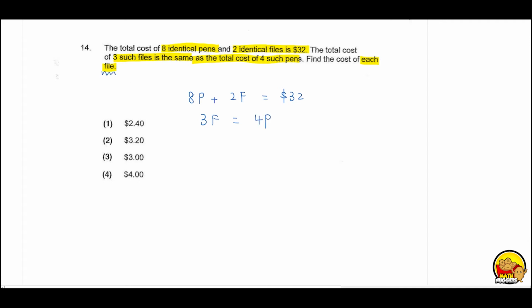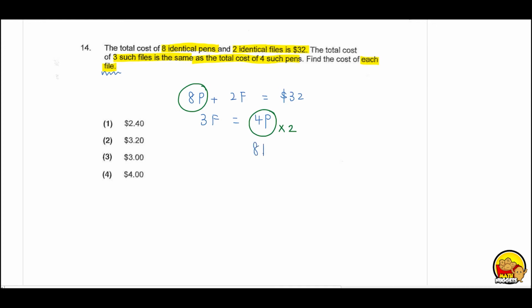Now, since the question is looking for files, I'm going to make the other thing the same. I am going to make pens the same. So I have 8 pens and 4 pens. In order to make them the same, I'm going to convert the 4 pens to 8 pens. So the whole equation, I'm going to multiply by 2.